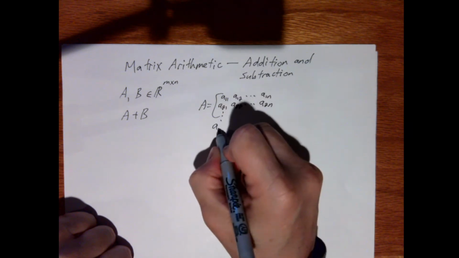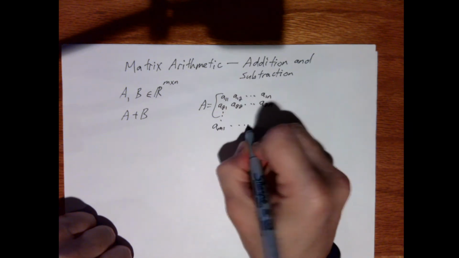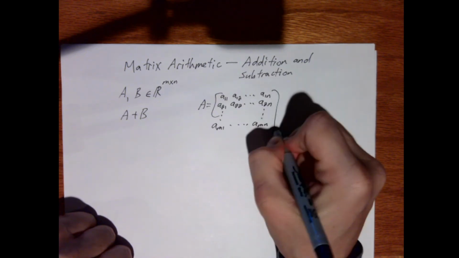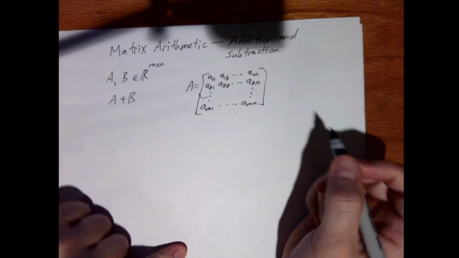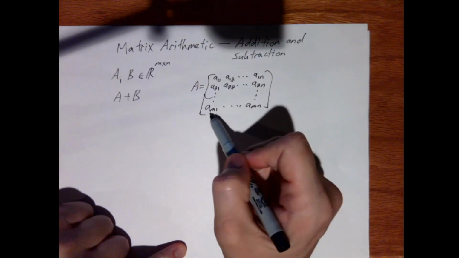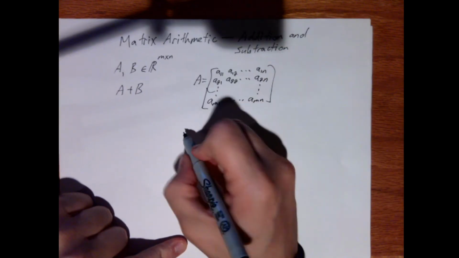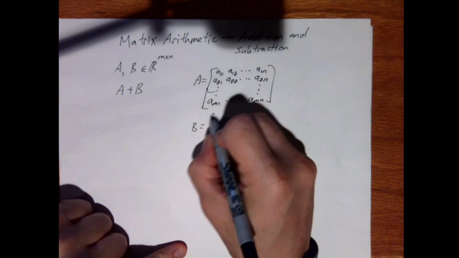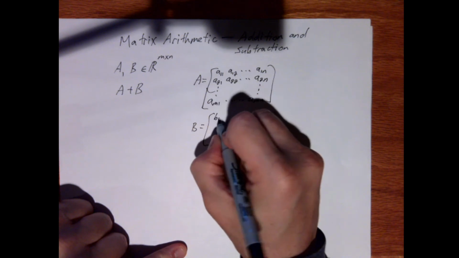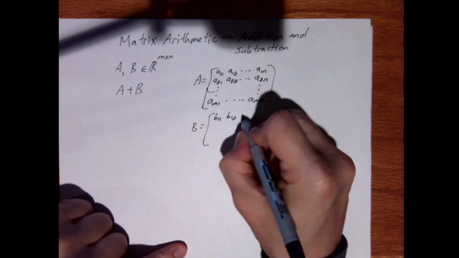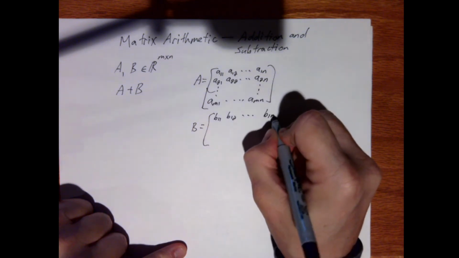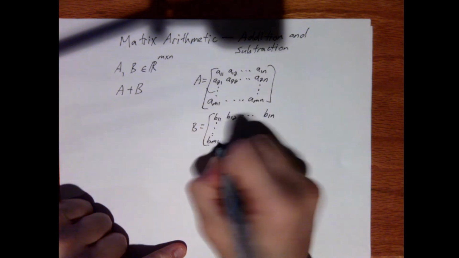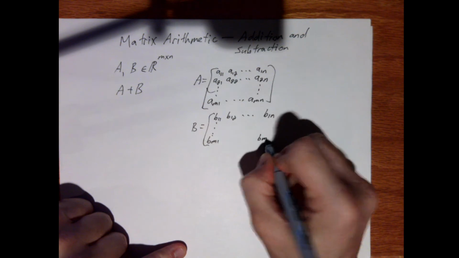Then we'll have row AM1, dot, dot, dot, AMN. So there's M rows, N columns. B also has that shape. So B11, B12, dot, dot, dot, B1N, down to here, BM1, BMN.